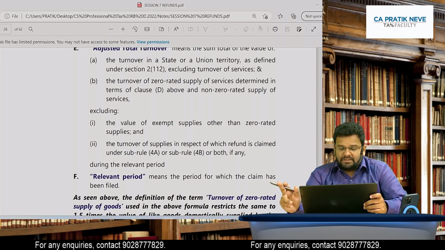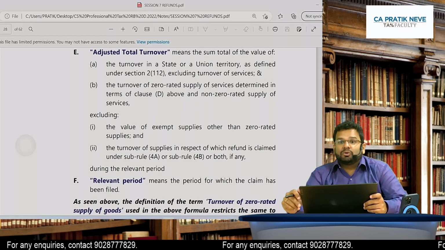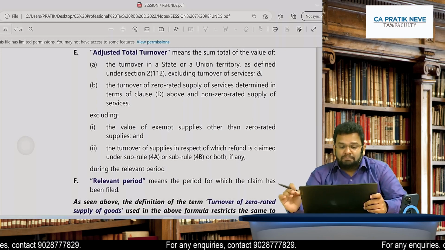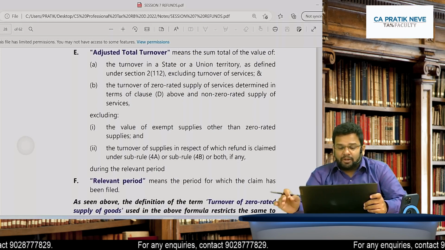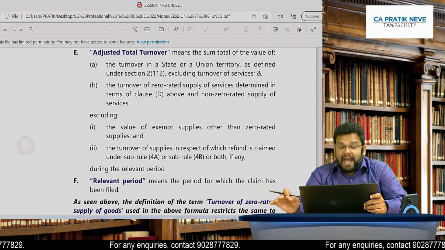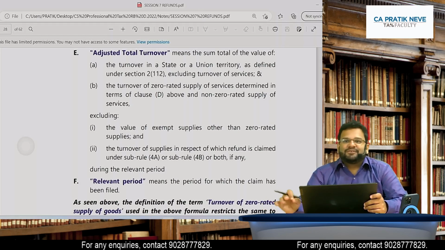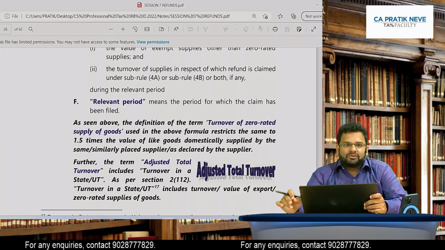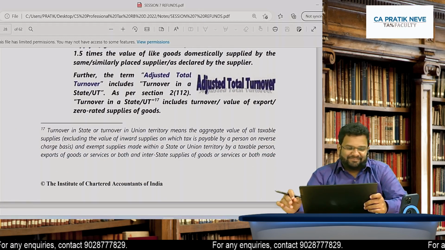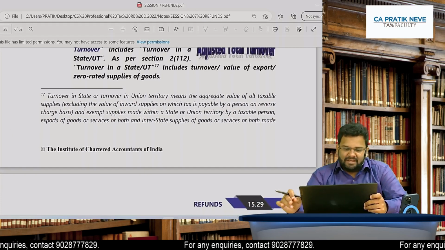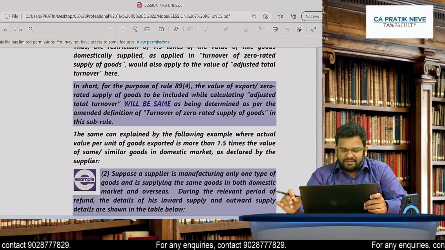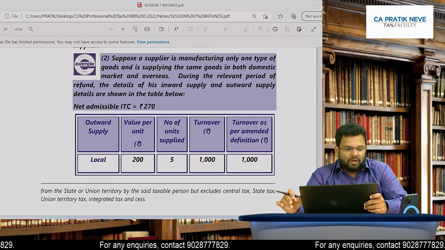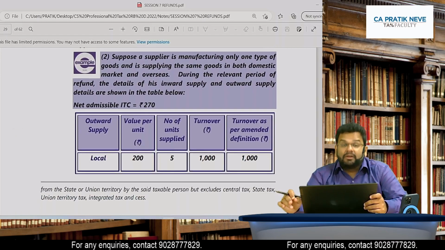If you observe here, point B, adjusted total turnover means the sum total of the value of turnover of zero rated supply of services and non zero rated supply of services. Did you understand now, Swati? So they are including it. Yes, great. So it won't go illogical at all. It's all very logical.